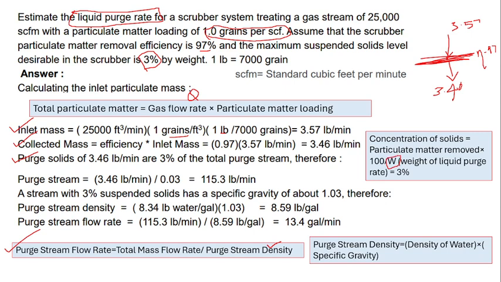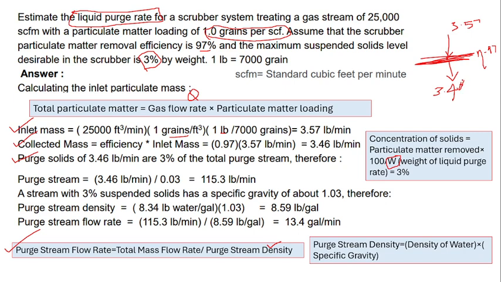This W is the total mass flow rate, calculated in terms of weight with the help of this equation. We know the allowed concentration is 3% and the particulate matter removed is 3.46.